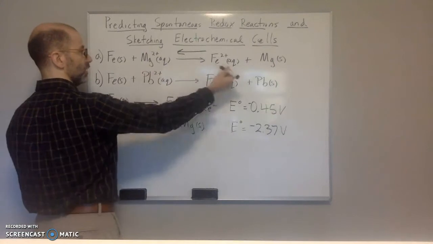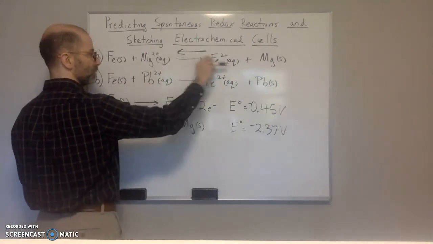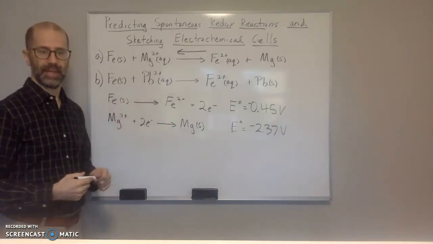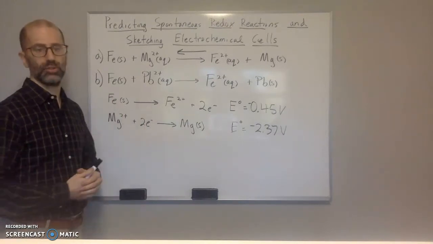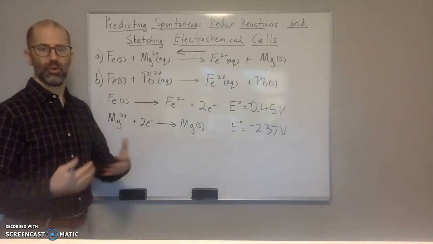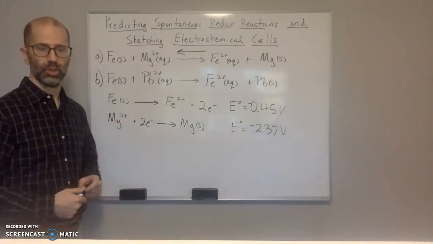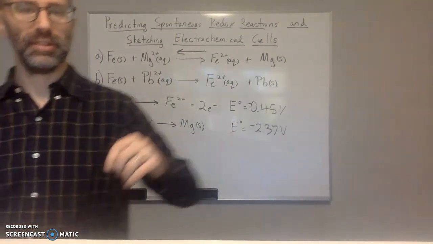So it's going to be spontaneous in this direction, but not spontaneous in the other direction. So the way it's written, it is not spontaneous. So let's draw an electrochemical cell to sketch, or represent, or show what the flow of electrons will look like in this case. So give me a moment.